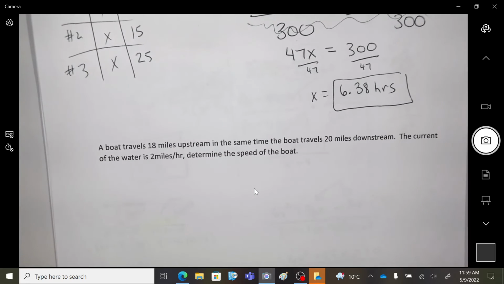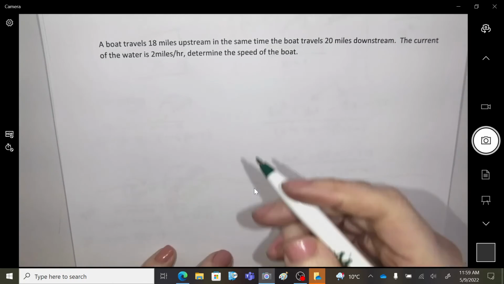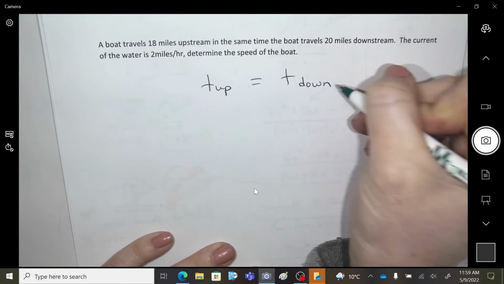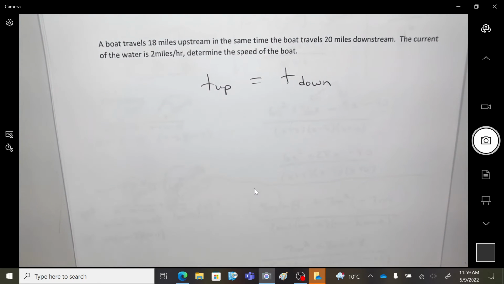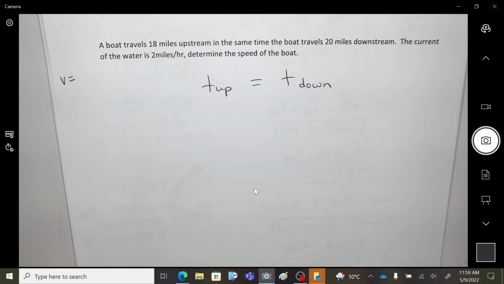Okay, a boat travels upstream in the same time it goes downstream. So the time up equals the time it goes down. Okay, I'm just going to go on the side here with my formulas because I always know the velocity in my car is in kilometers per hour.